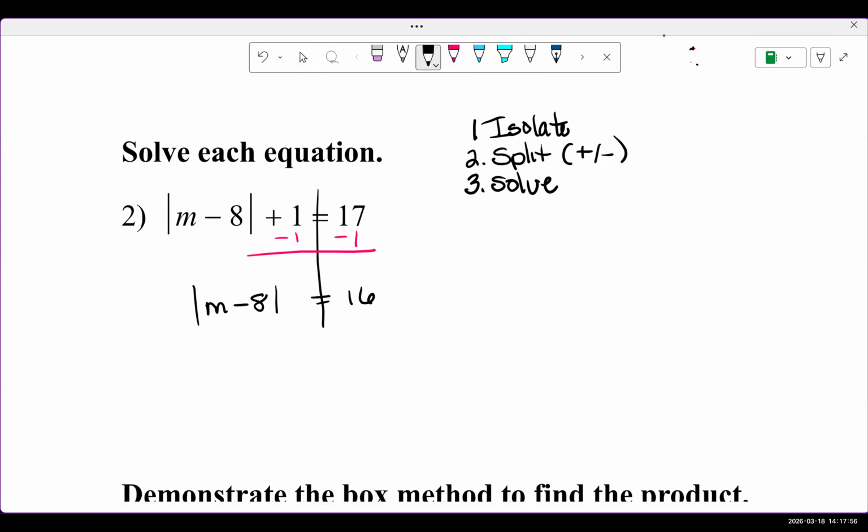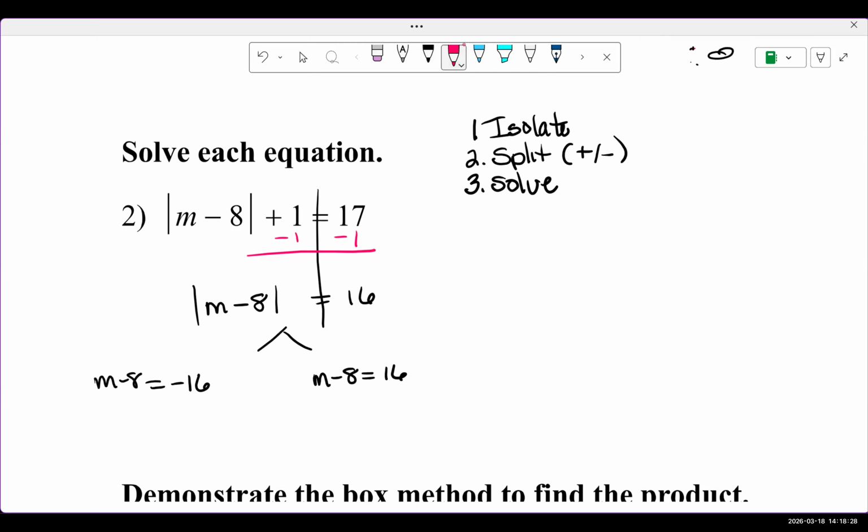Okay. Now that the absolute value part is alone on the same side of the equal sign, I'm going to split. So m minus 8 could be negative 16, and m minus 8 could be positive 16.